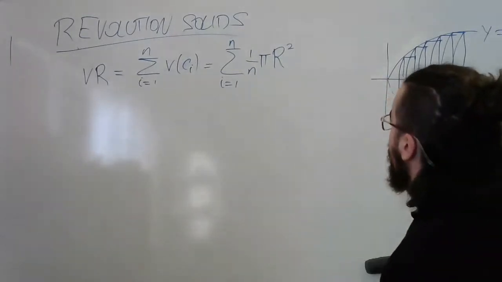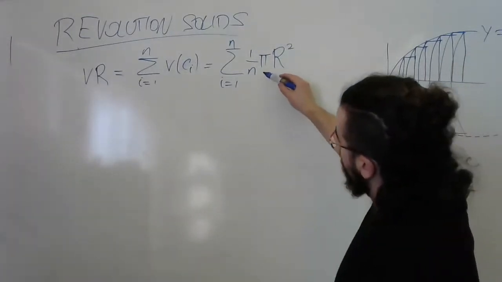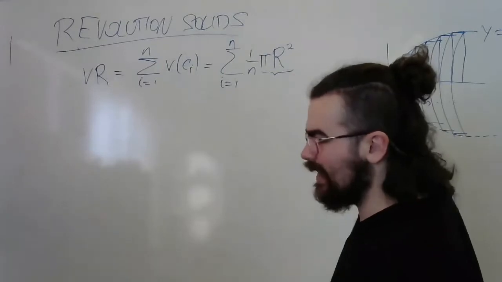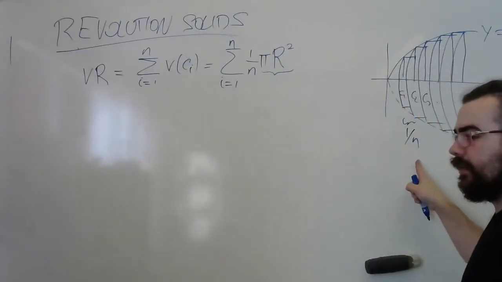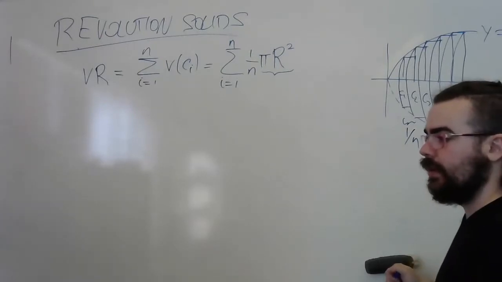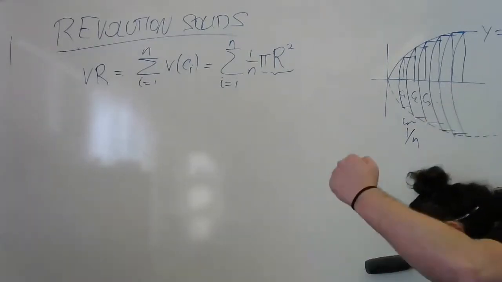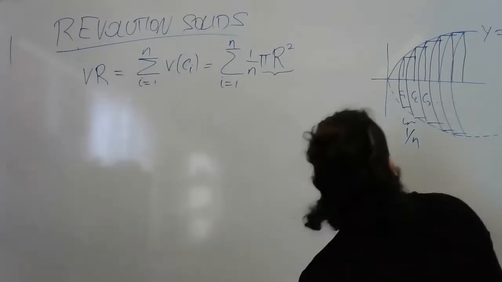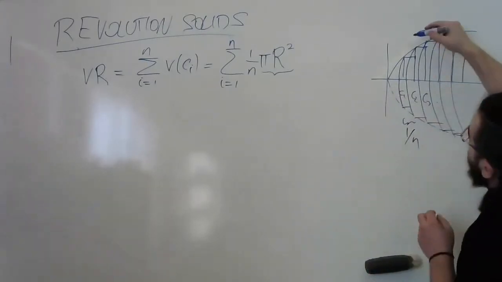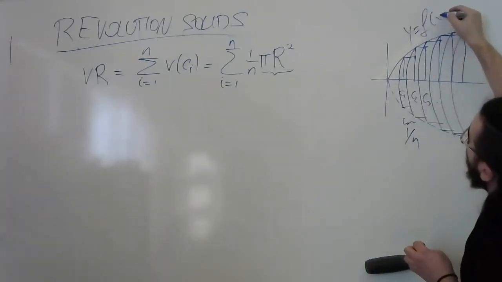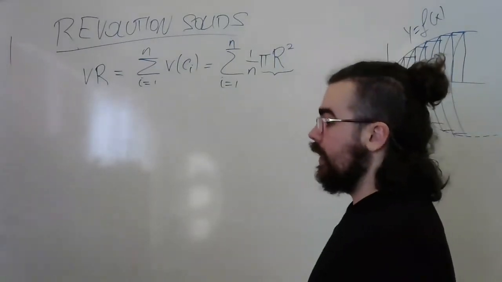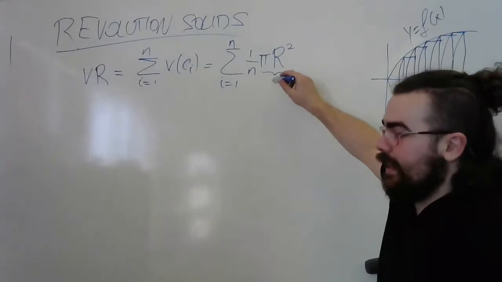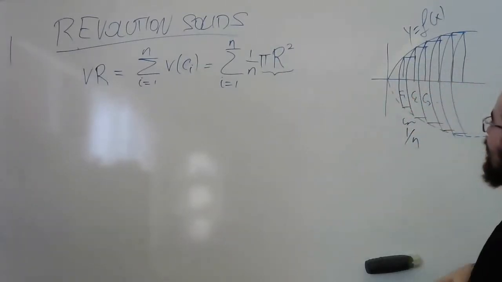Good. Now what's r? What's the radius? What's the definition of y? Y is the curve f of x. Now, what's the radius of these Riemann disks?